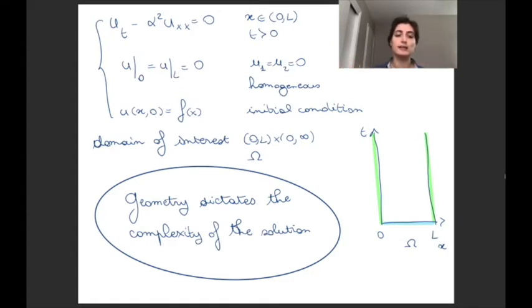When we progress to more complicated domains, you'll immediately notice how the complexity of the solution really increases the more complex the domain you're looking at is. So we have set up the problem and we want to try to solve it. We are in 1D, so we could simplify the delta u by just writing u_xx.